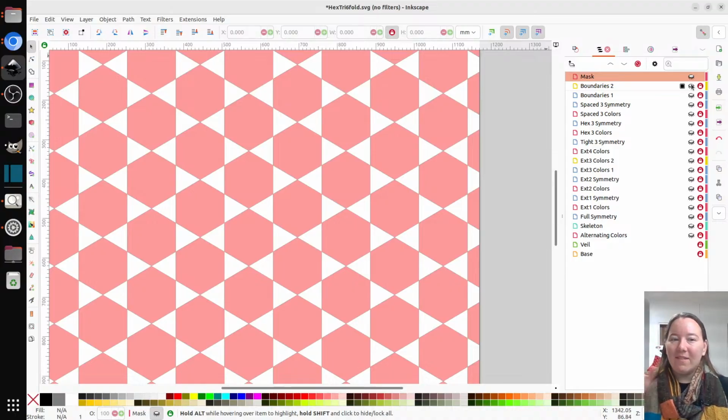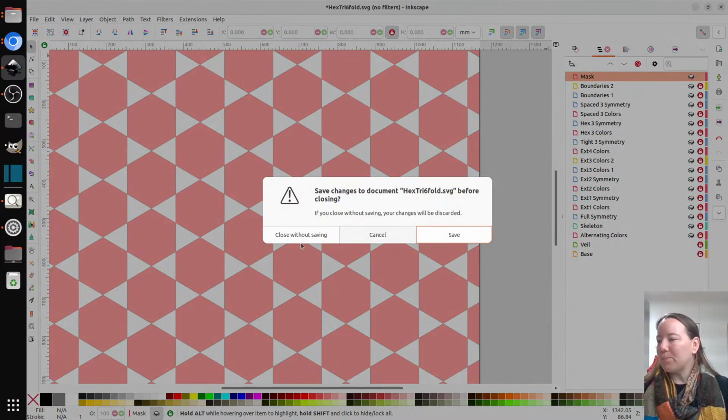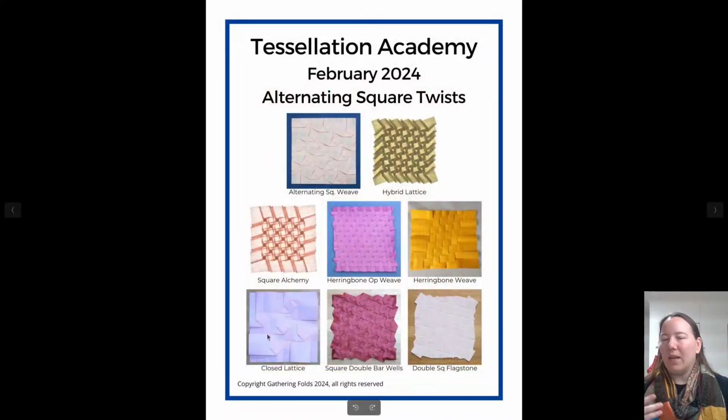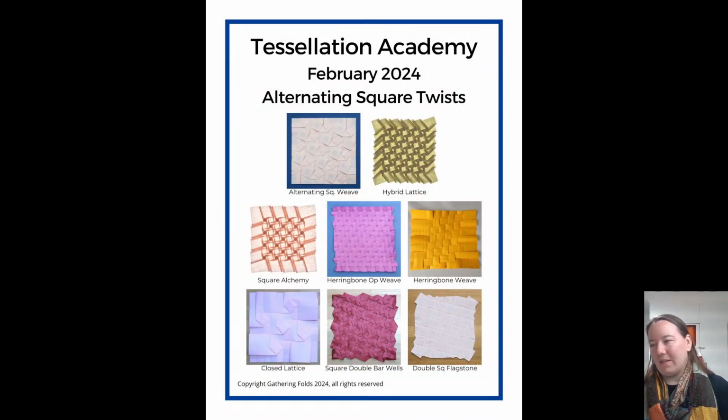This is a particularly fruitful tiling, but there are more than 20 other tilings that we've also discussed in Tessellation Academy. So I want to go through real quick the different topics that we've looked at in Tessellation Academy.